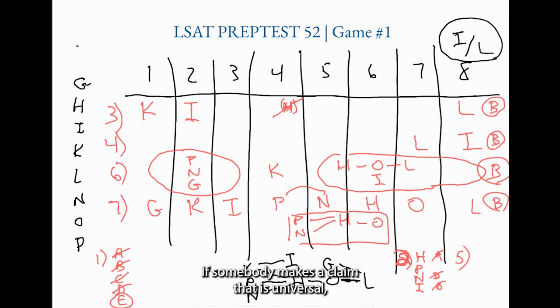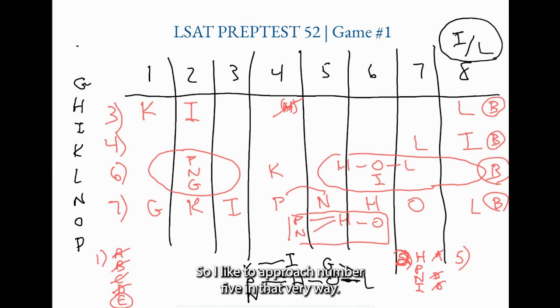If somebody makes a claim that is universal, all swans must be white, we only need to show that person one black swan to disprove their universal statement. That's part of the kind of logical weakness of universal statements. They're easily falsified if you can find one counterexample.